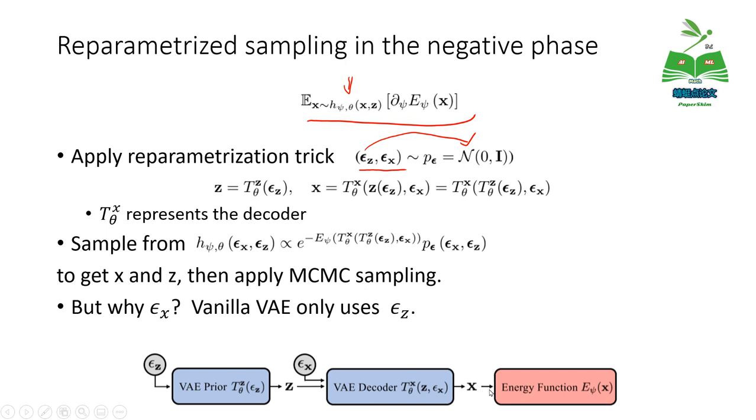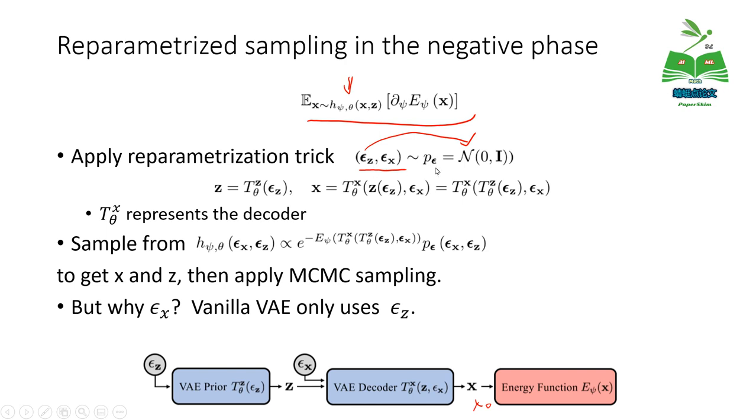So this one is the x0, the input for the energy function, and then they apply the MCMC sampling. But I have a small question about it, because vanilla VAE only uses this epsilon z to sample z and get a final x.